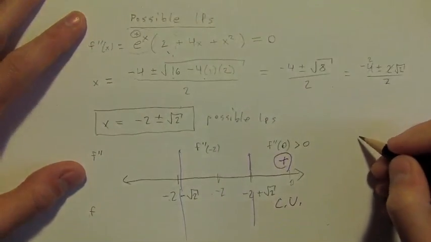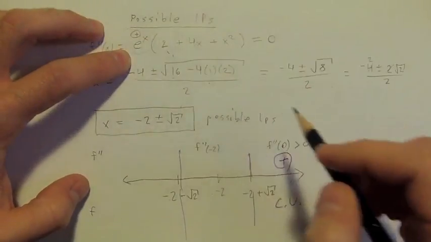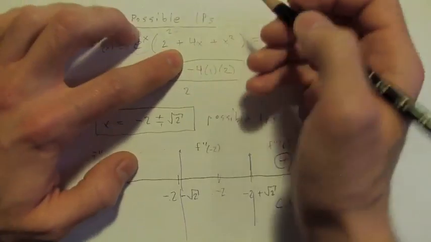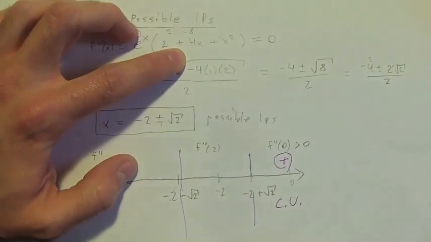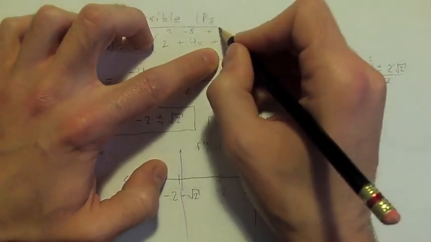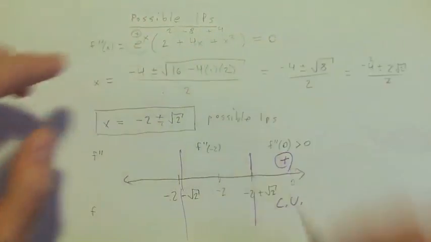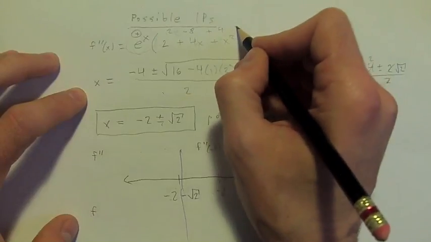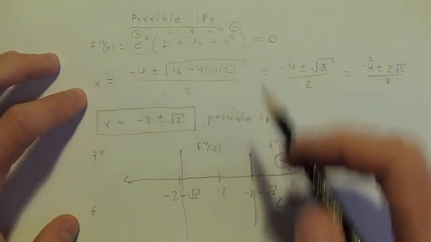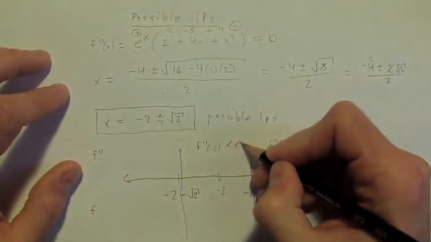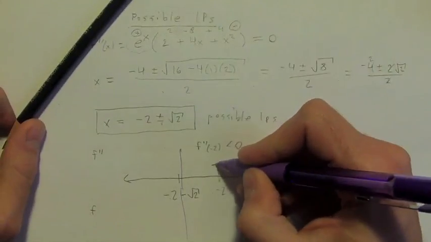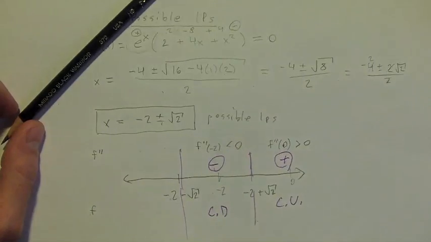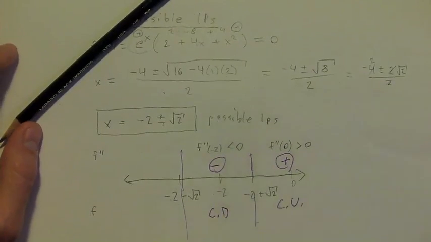Now I might write it over here, because this thing will always be positive, but then we'll get 2, okay, minus 8 plus 2 squared, or negative 2 squared, which is 4. Alright, so I have 2 plus 4, that'll be 6 minus 8. So this thing is actually negative. So I have a positive times a negative, so the thing will be negative. Okay, so that means that f is concave down in this region.